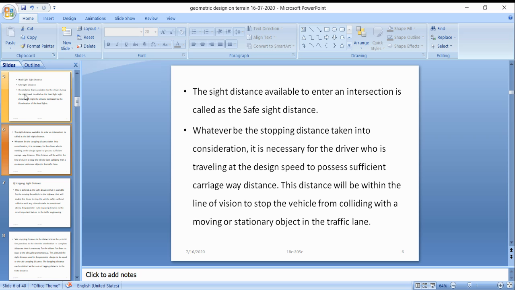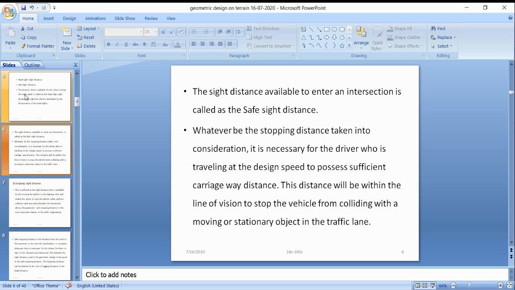We already designed for a single lane, it should be 3.75 meters. So at the design speed he is traveling, that distance will be within the line of vision to stop the vehicle from colliding with a moving or stationary object in the traffic lane.